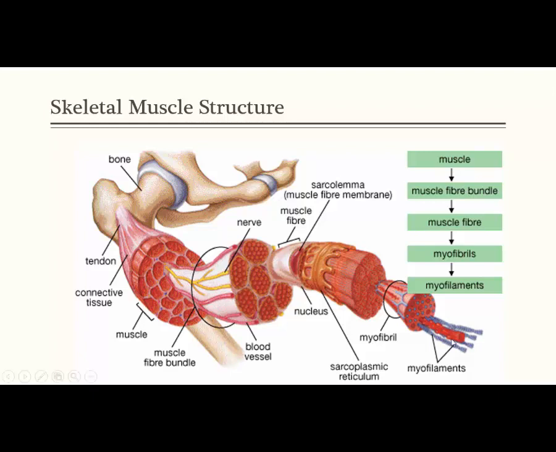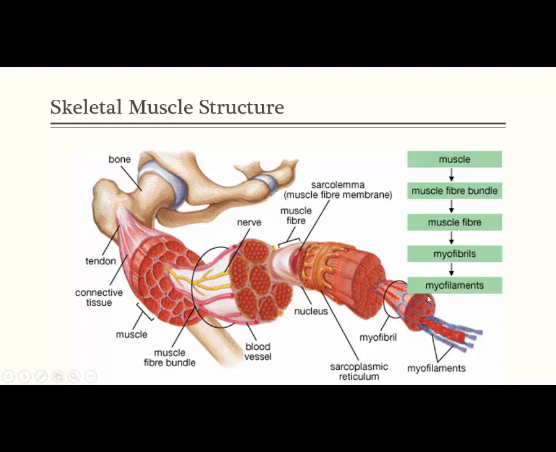So the actin and myosin are the myofilaments. They are bundled together into something called a myofibril. And I want you at the moment to notice these tube-like structures. We'll come back to them in a couple of minutes, okay?